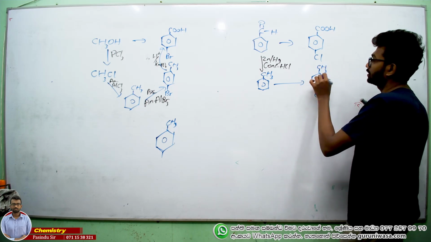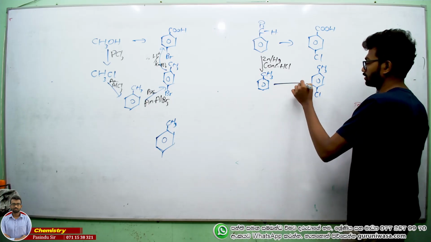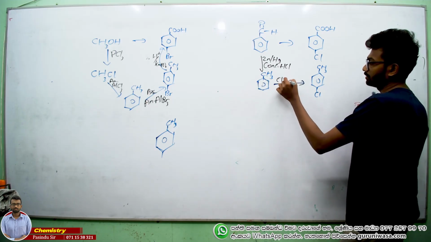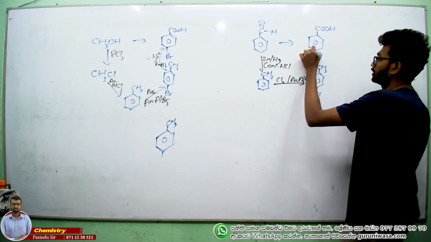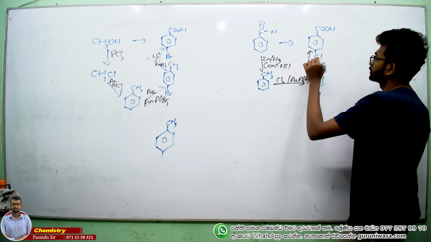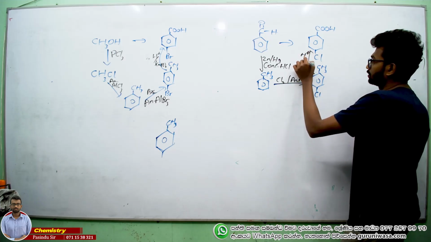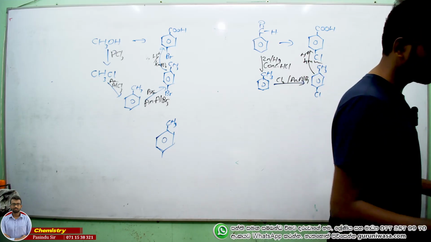Now then how to do like this, Cl2 anhydrous AlBr3. Okay, then this one just H plus KMnO4, right? Simple, very simple equation, very simple conversion.